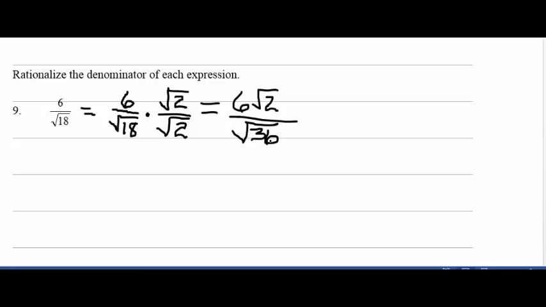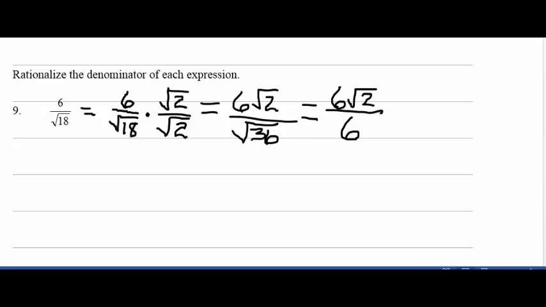And that was why I chose the square root of 2 to multiply by the numerator and denominator, because I knew in the denominator I would get the square root of a perfect square. So this is 6 square root of 2 divided by 6. The square root of 36 is 6.